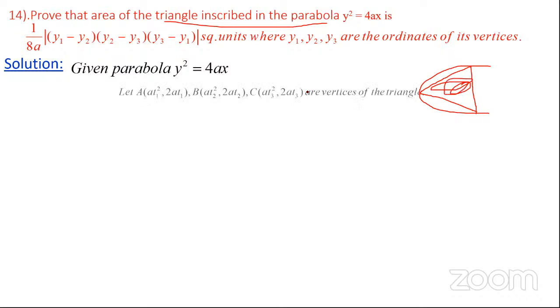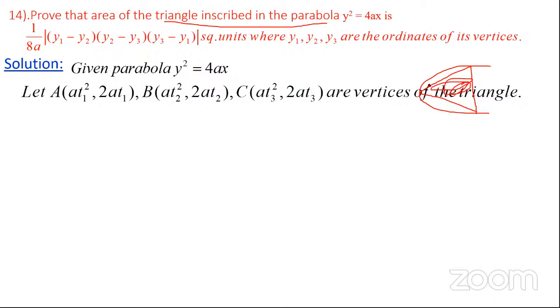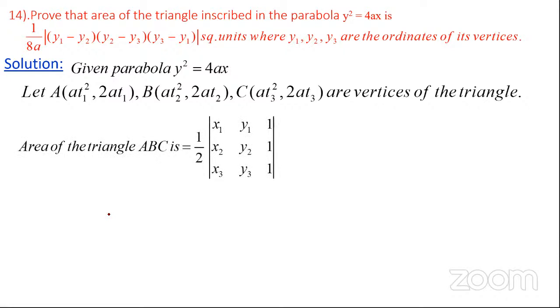Let the triangle be A, B, C. Then the points are taken in parametric form, because these three points satisfy the given parabola. I'm taking the area of the triangle formula. We have three or more formulas.